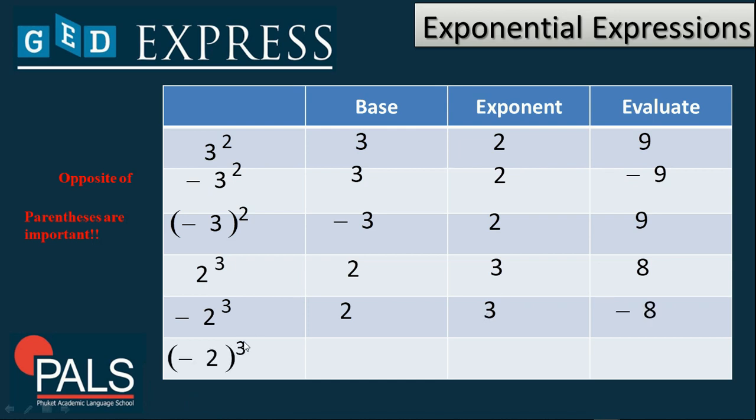Now, if we have a parenthesis here, that is very important, that will make the equation easier to simplify. So the answer would become negative 2 times negative 2, that is positive 4, and multiply it by negative 2, that will give you negative 8.